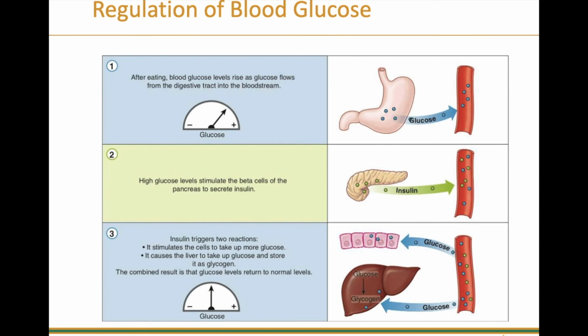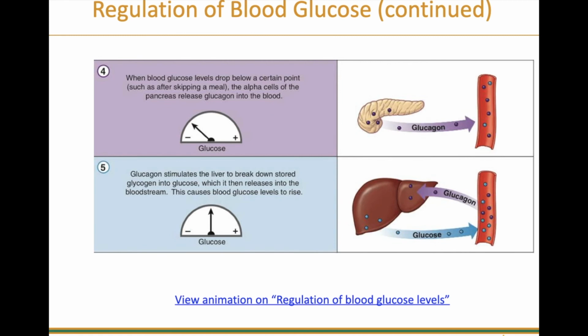Then insulin stimulates cells to take up more glucose, and it also causes the liver to store glucose as glycogen. So that's going to bring our blood sugar levels down. And then again, when blood glucose levels drop too low, the alpha cells will release glucagon. That will cause glucose to be released from the liver and get the blood levels back to normal.